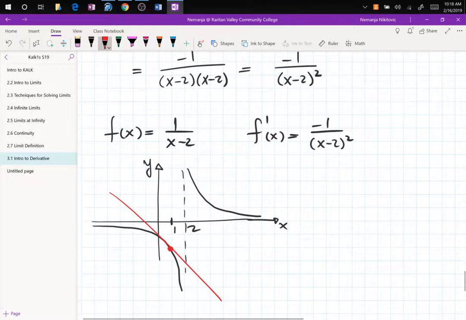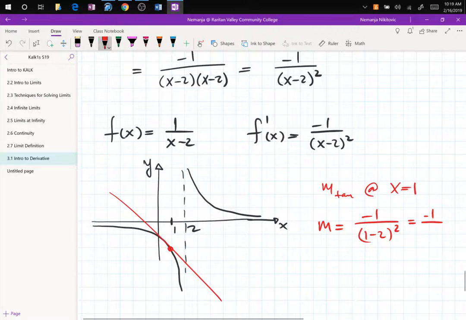Now if you calculate the slope of the tangent at x equals 1, you would get m equals -1 divided by (1 minus 2) squared, which is -1 divided by 1. You get -1, and you see the slope is -1 because it is a 45-degree slope that goes through each of the corners of each of the boxes, right? So it's a 45-degree slope. It's negative.